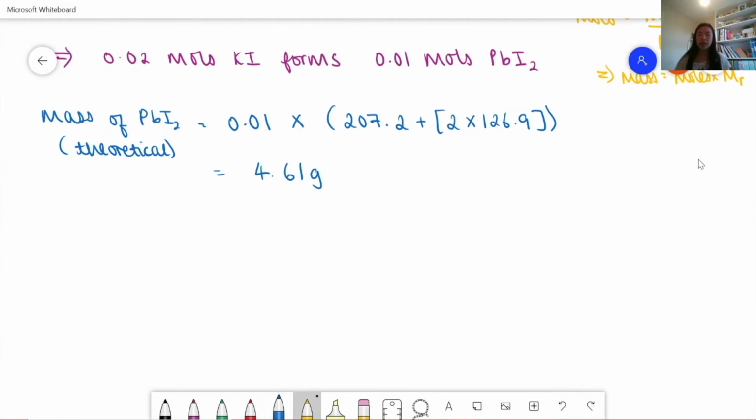And we do this by using the equation we learned before. So we have the percentage yield is equal to our obtained mass of lead iodide over our theoretical.